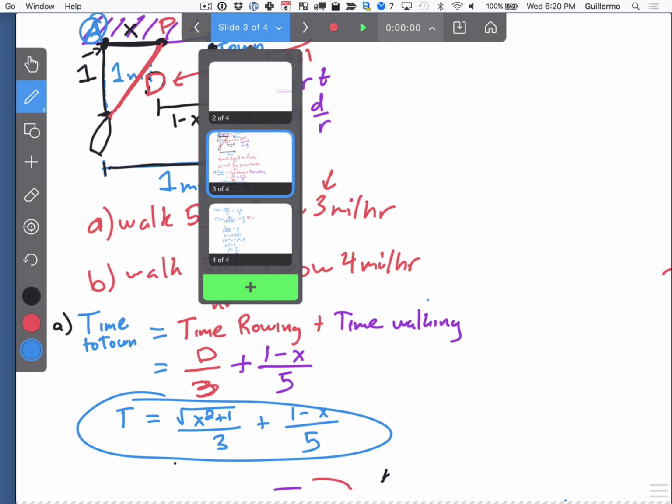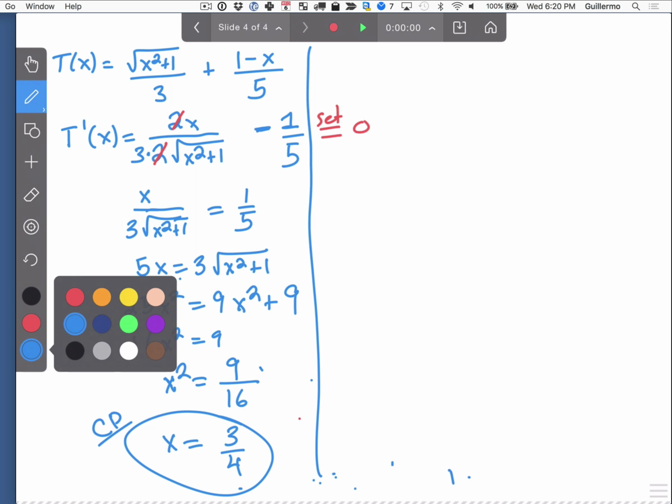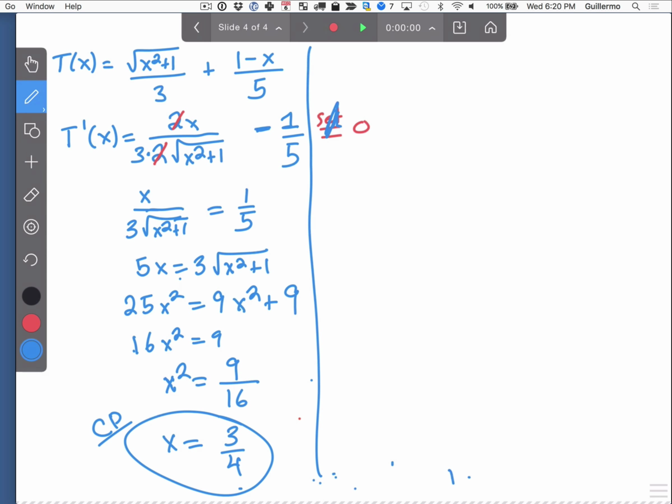Okay, all right, now question. So this is, in this case, my one and only critical point. Should I do the first derivative test as my next step?